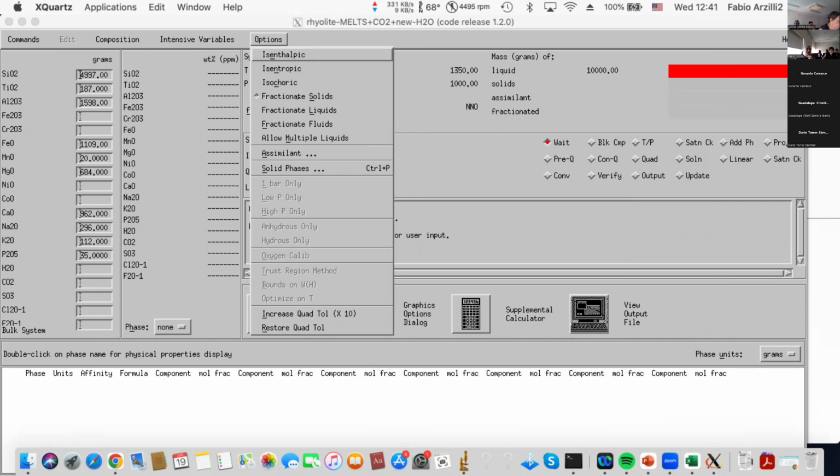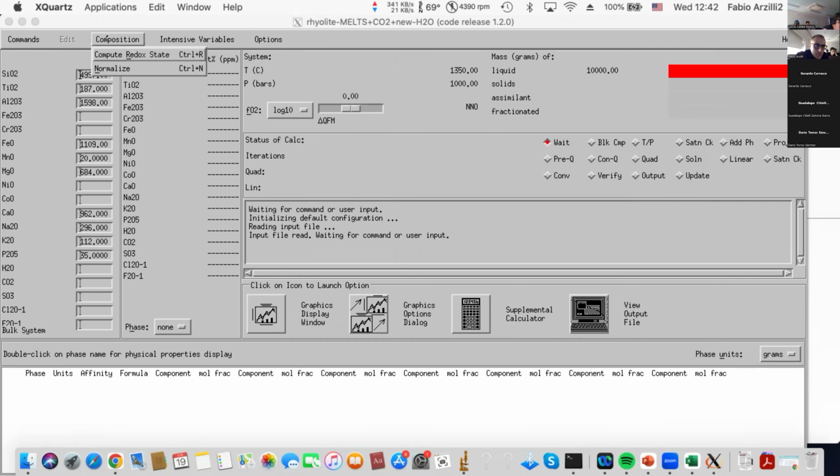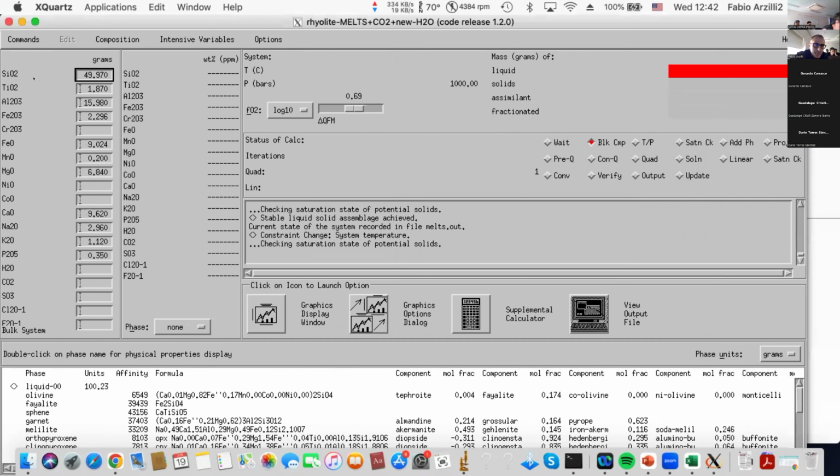Yeah, the rest is the same. At this point, you will decide how many crystals will be fractionated, how many minerals will remain in equilibrium with the melt, and we do normalize, and we run.